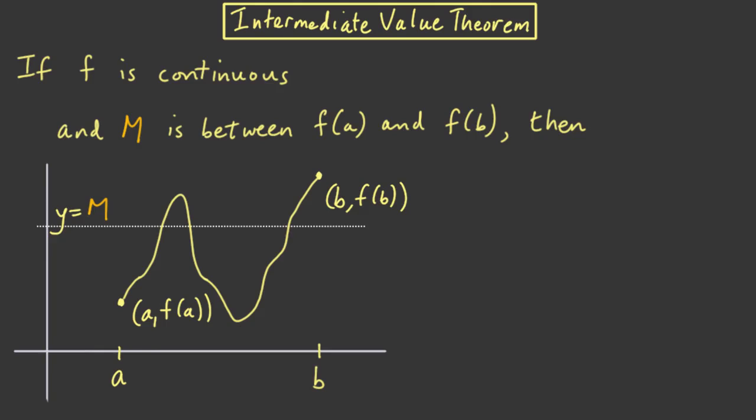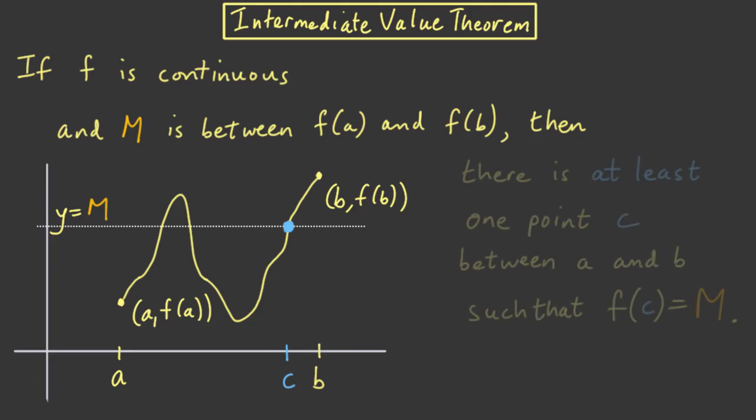Well, what we're saying is that there's at least one point, which I'm going to call c in the middle here, where this graph hits the line y equals m. So in other words, f of c equals m. So that's what we're going to write above, that there is at least one point c between a and b such that f of c equals m.